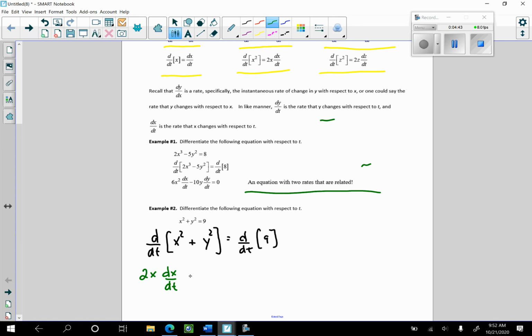The derivative of y squared is 2y dy/dt. And the derivative of 9 is 0. I don't solve for dx/dt or dy/dt. I could, but right now I have an equation with two rates. That's all I know. Not too bad.